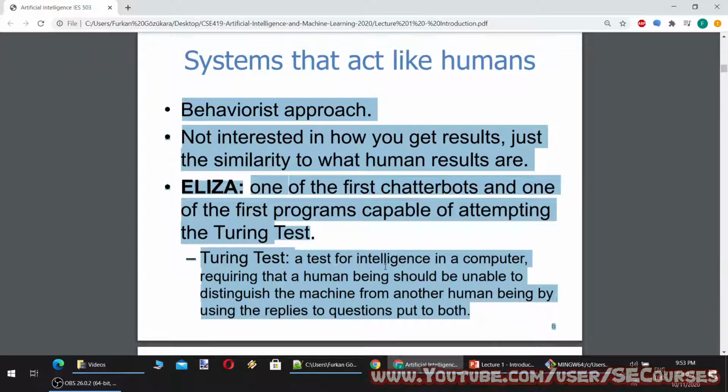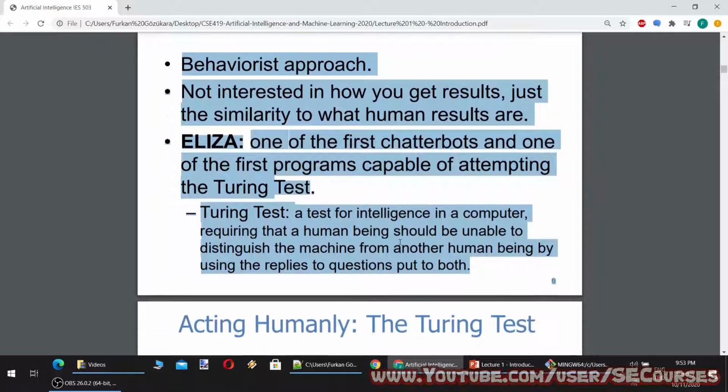Behaviorist approach. Not interested in how you get results, just the similarity to what human results are. Eliza, one of the first chatterbots and one of the first programs capable of attempting the Turing test. Turing test, a test for intelligence in a computer, requiring that a human being should be unable to distinguish the machine from another human being by using the replies to questions put to both.